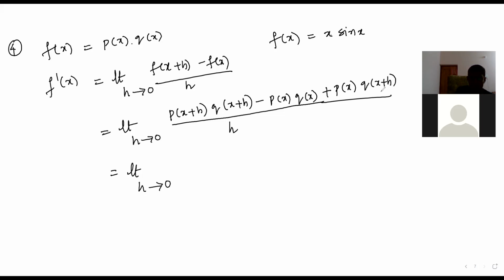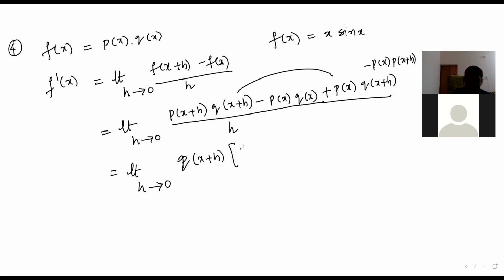We have to add and subtract, I think. Minus p of x into q of x plus h. You have to add and subtract, and then from this we take q of x plus h common.